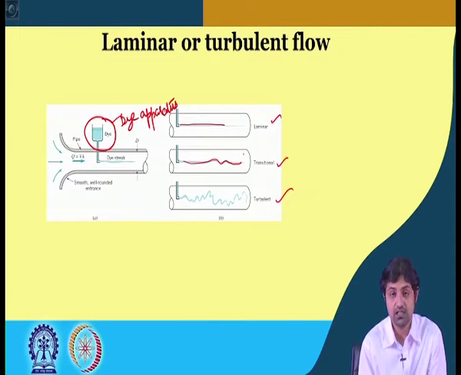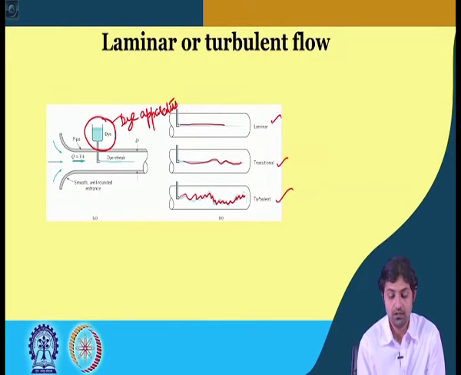This is a transitional flow, and if the velocity increases very high, the flow becomes fully turbulent. So there will be a lot of fluctuations like this. So this is one of the experimental setups in a pipe flow, where you can actually observe the physical and visual difference between laminar, transitional and turbulent flow.